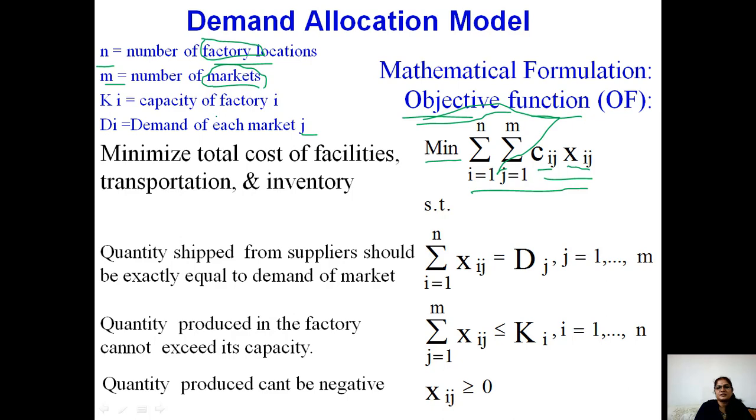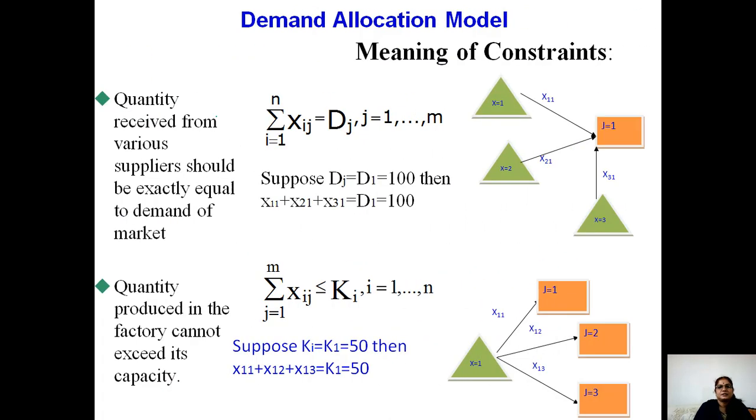The first constraint is taken up in the next slide like this. Quantity shipped from various suppliers should be exactly equal to the demand of the market. Consider a market, say j equals 1, the first market. It will receive products from a number of plants, and here it is shown as 3: first plant, second plant, third plant.